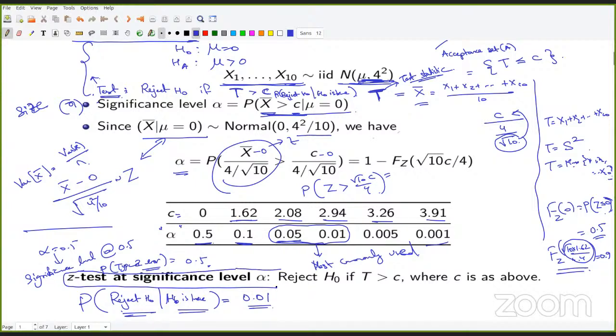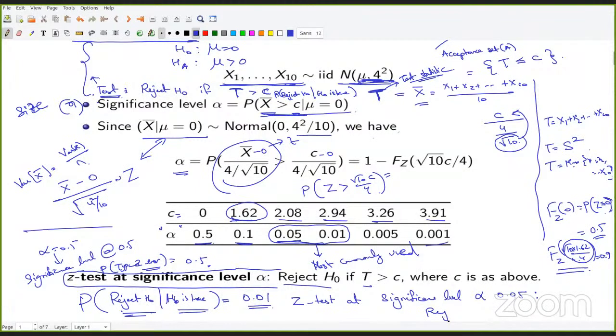At significance level alpha, we reject H naught if our test statistic value T is greater than C, where you can fix C. If you want the significance level alpha at 0.05, the Z test at significance level alpha 0.05 has a C value of 2.08.